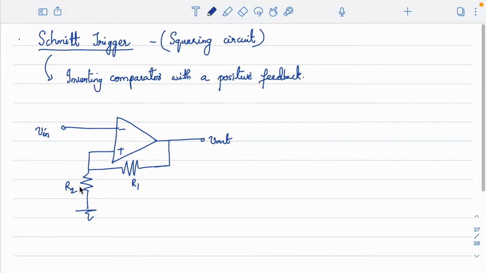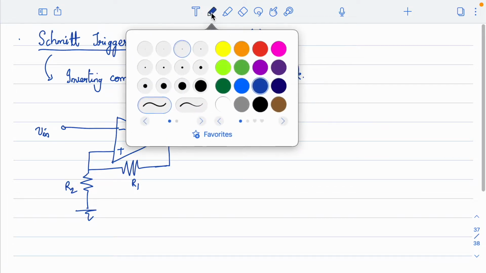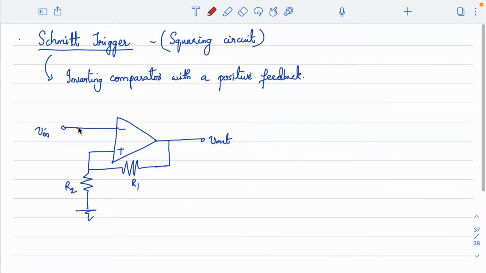Now how this works: we know that the input is given to the minus input terminal. In the previous case we had a reference signal, but now the input signal is the only thing which can trigger the circuit.